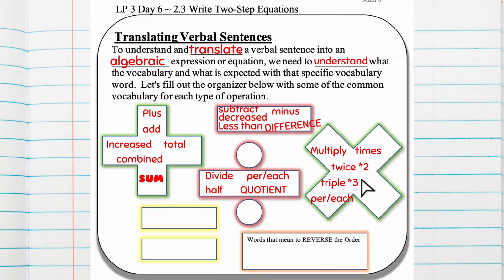So it really depends on how the words are being used. But a lot of the time, if you have the 2 smaller parts, you're going to multiply. And if you have a larger part and a smaller part, you're going to divide to kind of come back to one of the smaller pieces. So again, it's just paying attention to how it is being used. Think about the situation and how you would interpret that.